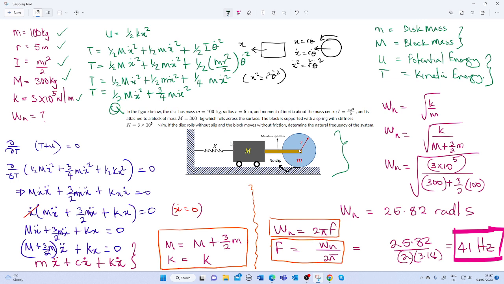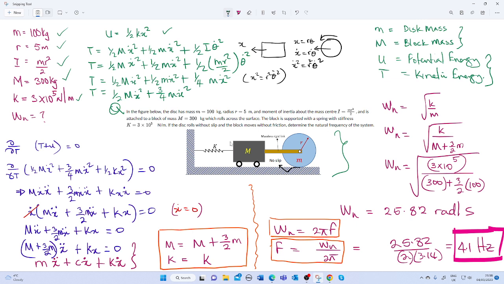How do we approach this? First of all, by using the equation of the potential and the kinetic energy of the whole system. How do we pull it out? By using U, the potential energy of the system: U equals 1 over 2 K s squared.